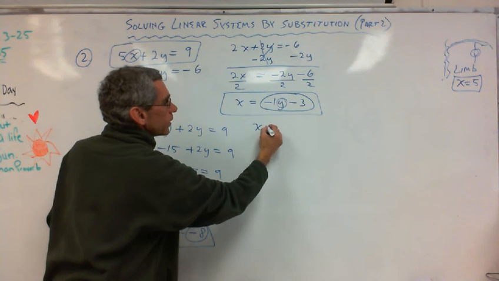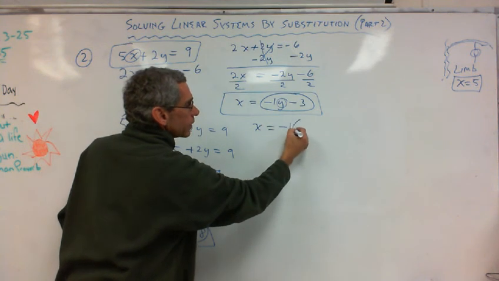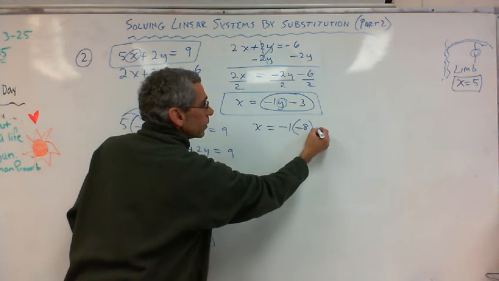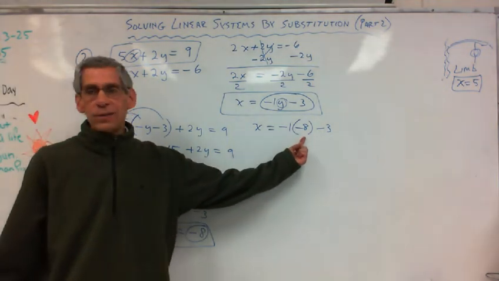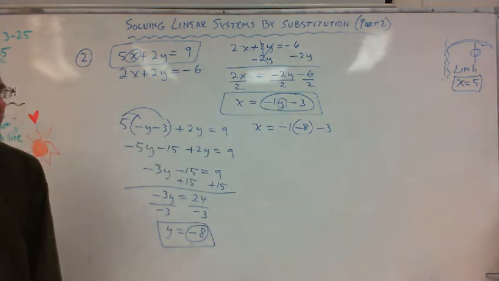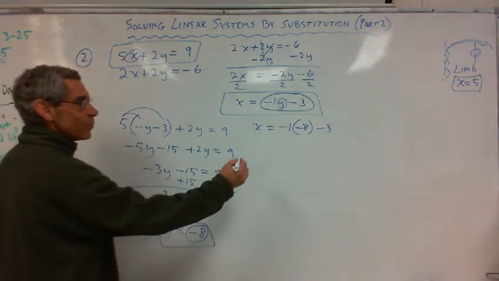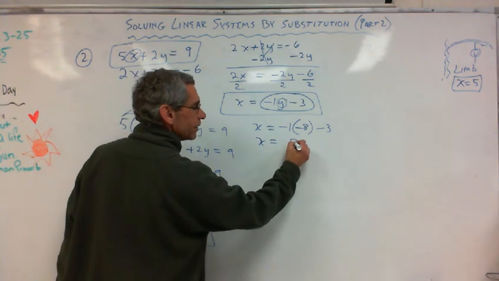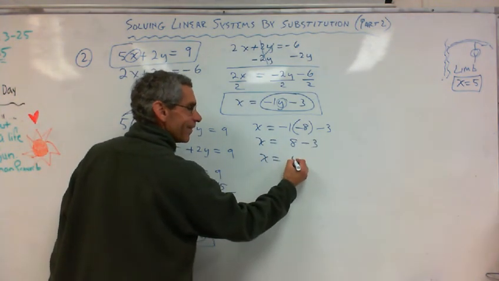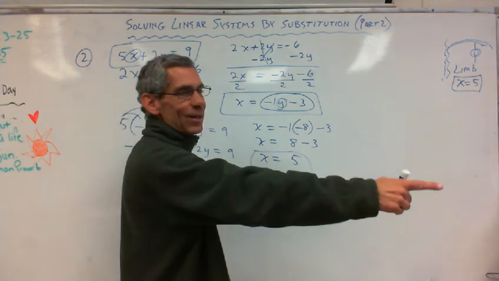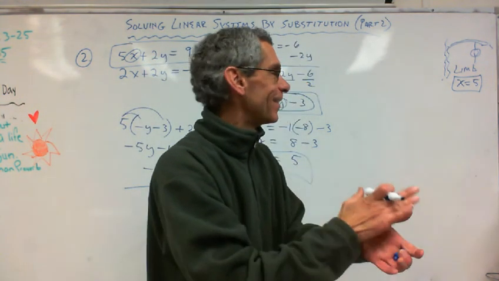So x is equal to negative 1 times negative 8 minus 3. What is negative 1 times negative 8? Positive 8. X is equal to 8 minus 3. What does that equal? 5! You guys give Weston a round of applause.